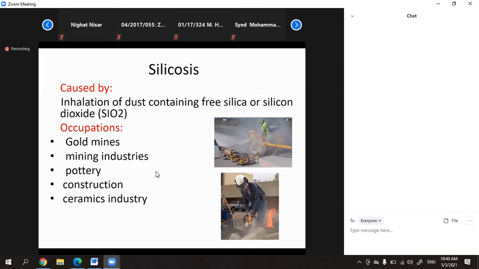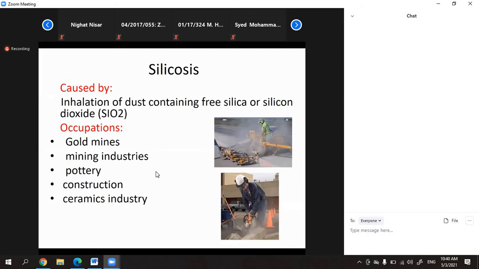Now we take one by one the diseases which come under the classification of pneumoconiosis. So silicosis, as you can see in the pictures, the workers are involved in the occupation. Although they have taken protective measures, one can have shields, gloves, protective shoes, protective clothing, helmets.